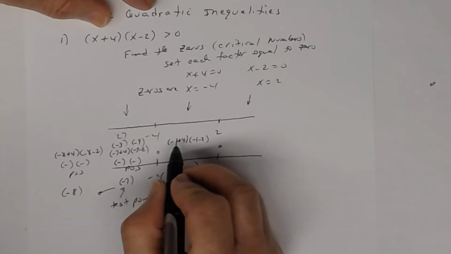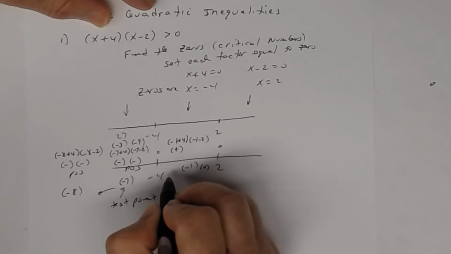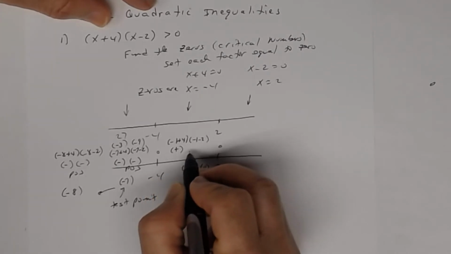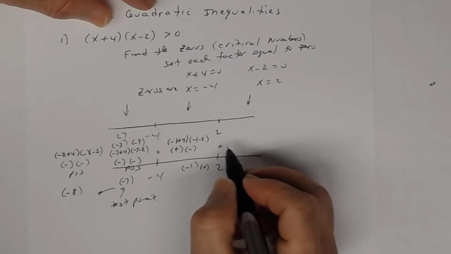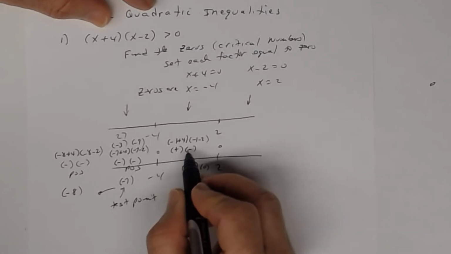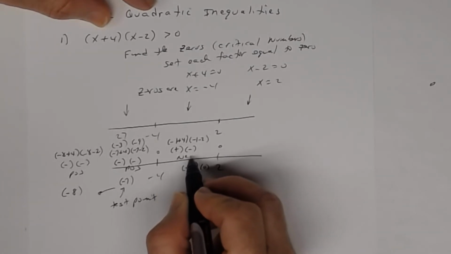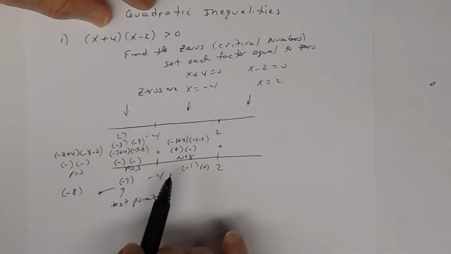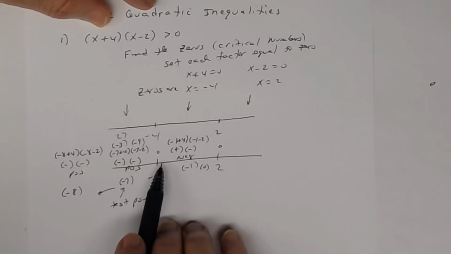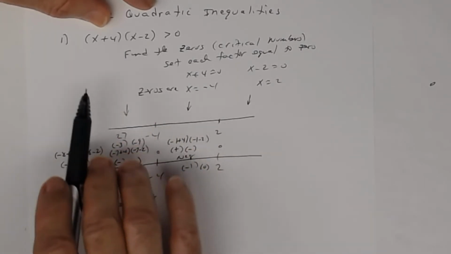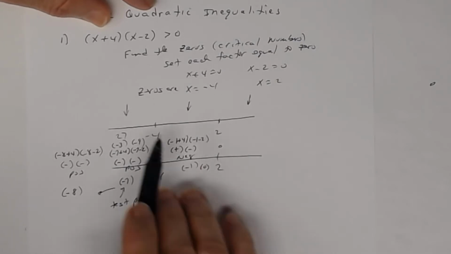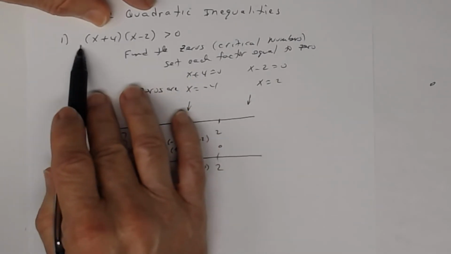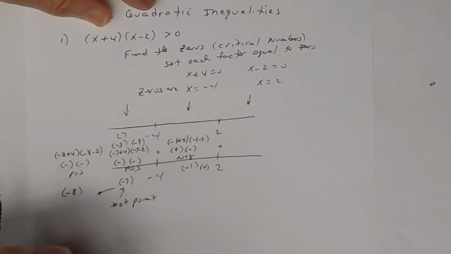What's -1 plus 4? Well, that's a positive 3. What's -1 minus 2? Well, that's a -3. And what's a positive times a negative? Well, positive times a negative is a negative. So what that means is that any value of x that's between -4 and 2 will make this product negative. That's what that means.